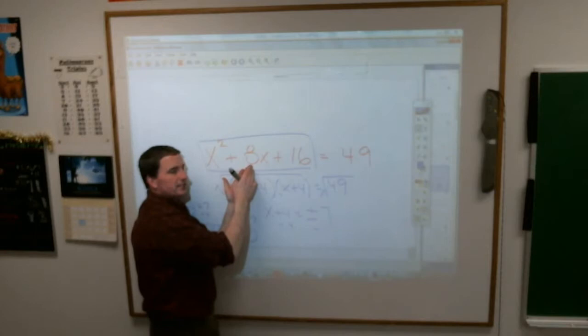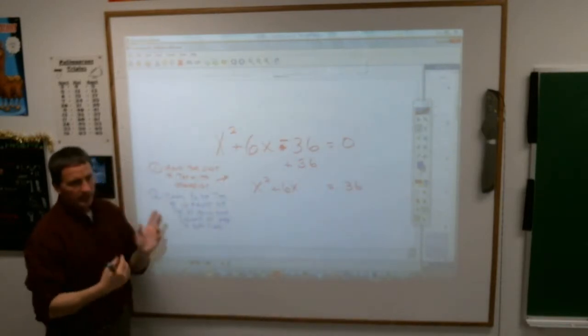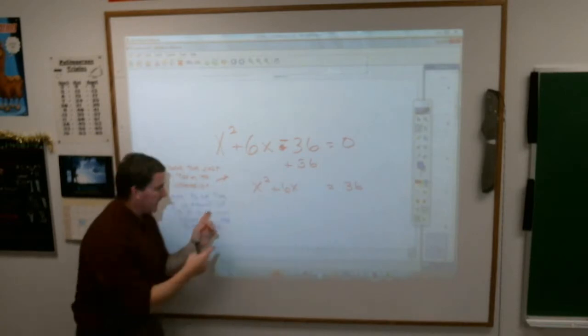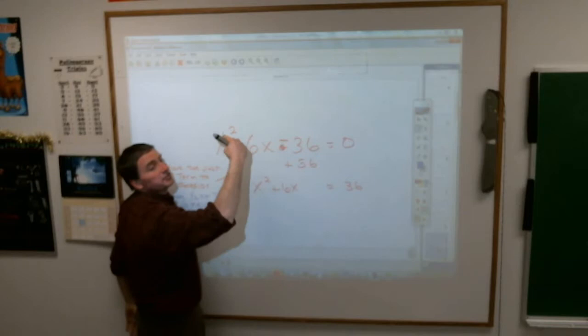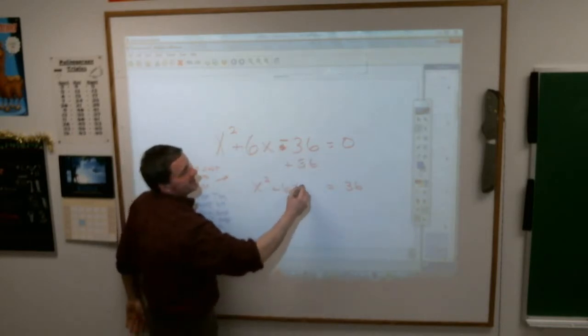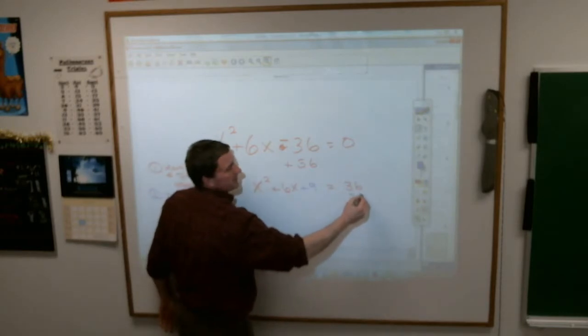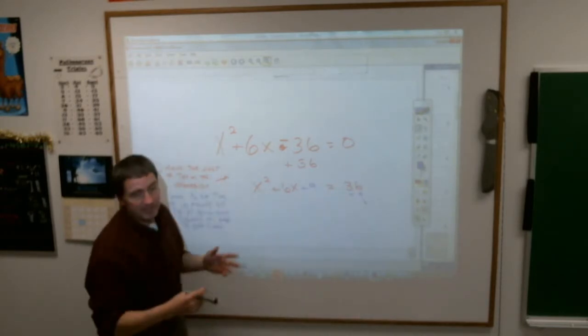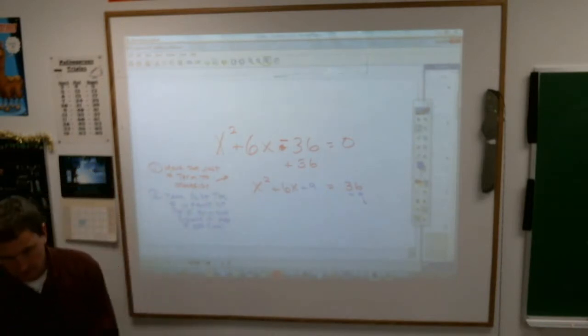Half of 8 is 4, 4 times 4 is 16. Down here, I need to take half of the x term, which is half of 6 is 3, then square it, which is 9, and I add that to both sides because I can't just add it to one. It needs to balance out. When you do equations, what you do to one side, you need to do to the other.